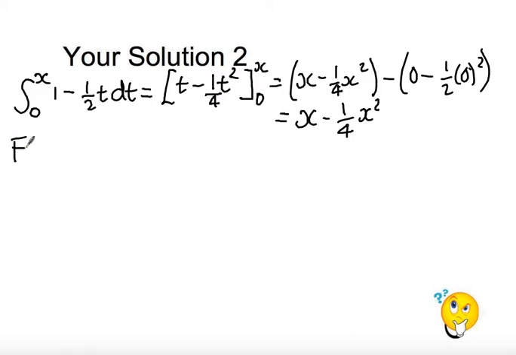So f of x is simply given as x minus a quarter x squared. So let's calculate some probabilities with this then.